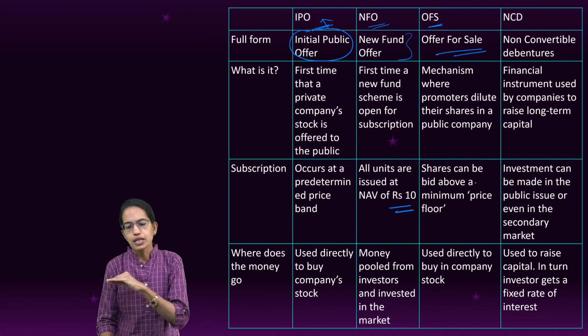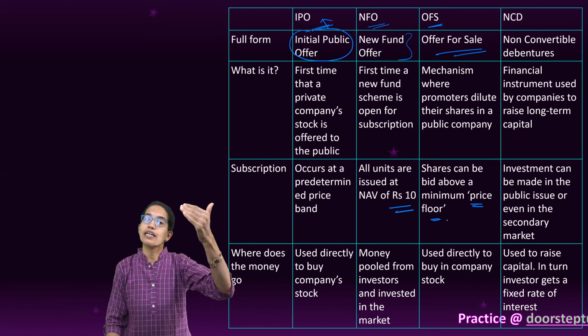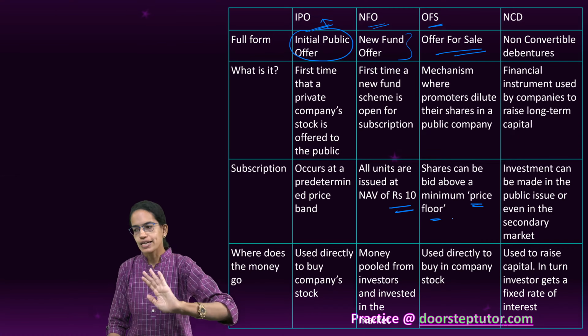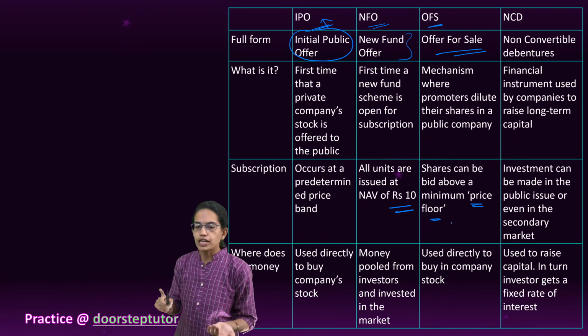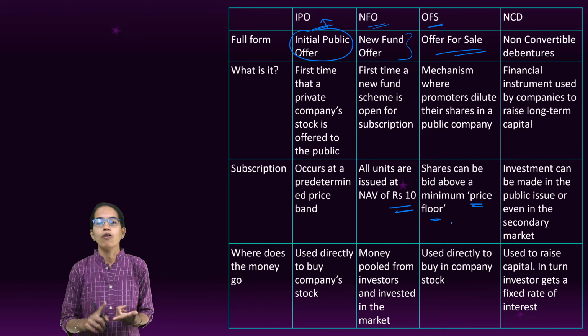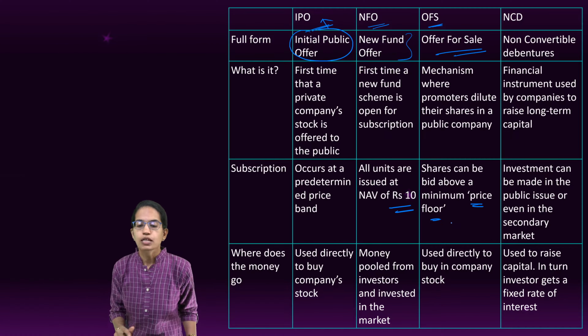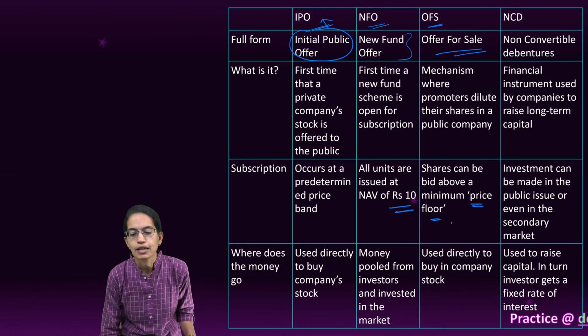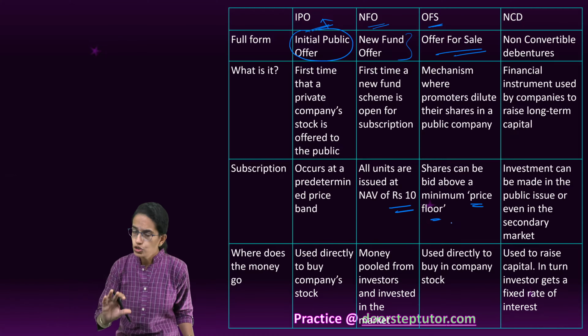This floor price is always higher than the equilibrium price. The only idea is to make it effective. Therefore, in OFS, the shares are bid above a minimum floor price, and the money would go to buy the stocks of the company.